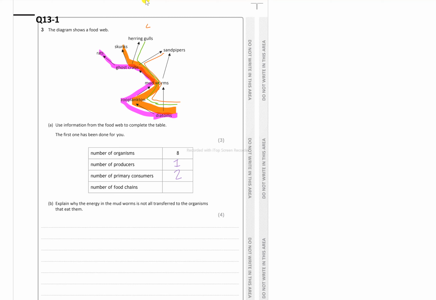So we've got 4 so far. Then let's get rid of them. We've got 4 so far, and then what we do is we go that way. 4. You've got another 4 there. 4, 5, 6, 7, and 8.